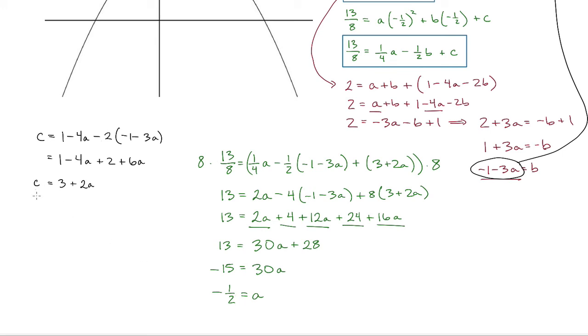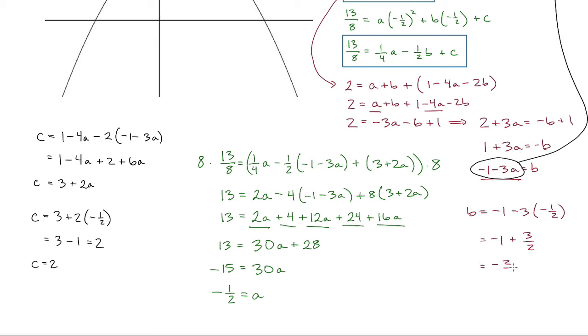And so I can go back and find c. C is equal to 3 plus 2 times a, which is -1/2. Well, that's 3 minus 1, which is 2. So c equals 2. And then over here, I've got b. b is -1 minus 3 times a. So that's -1 plus 3/2.